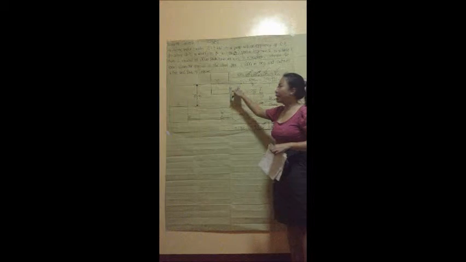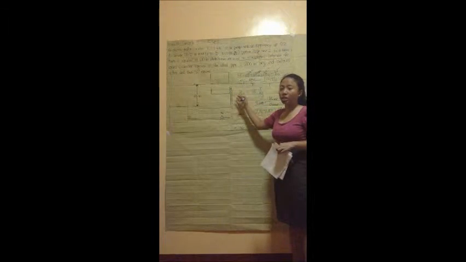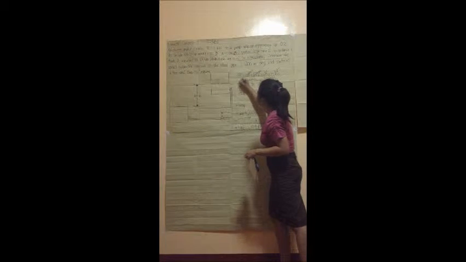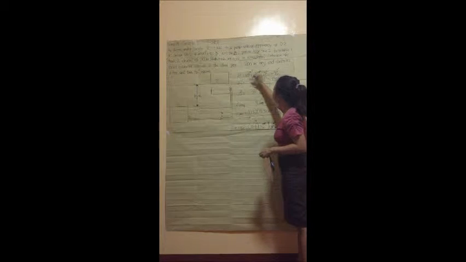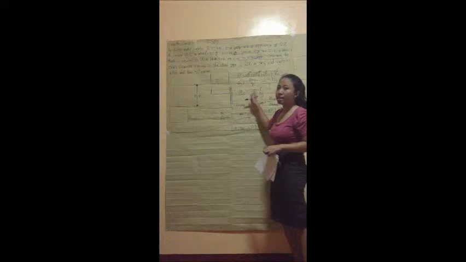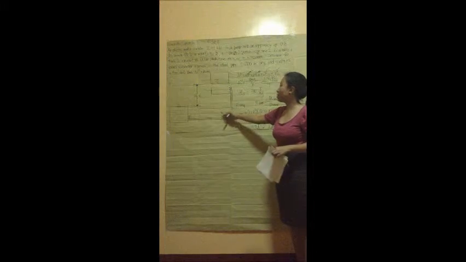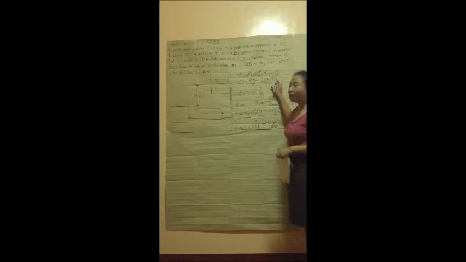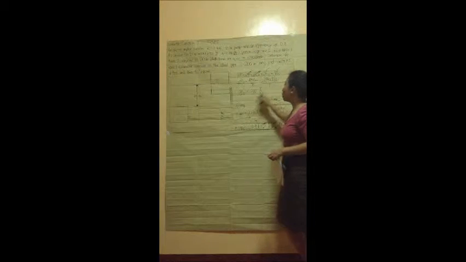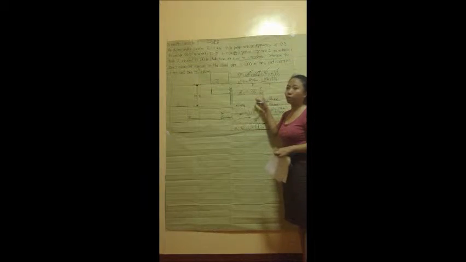So first, let's get the value for the change in potential energy. The change in potential energy has the formula of delta Z g over gc. Delta Z pertains to the change in height. So in the problem, we have 100 meters. We just substitute the values. 100 times 9.81 over 1 equals 981 joules per kilogram.